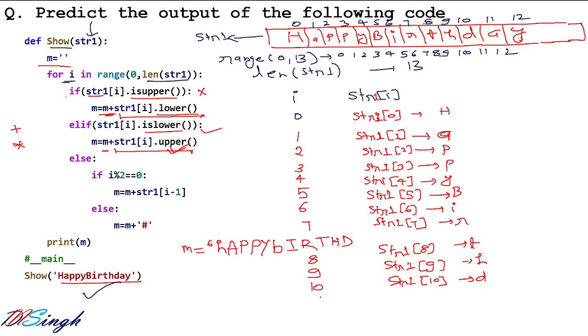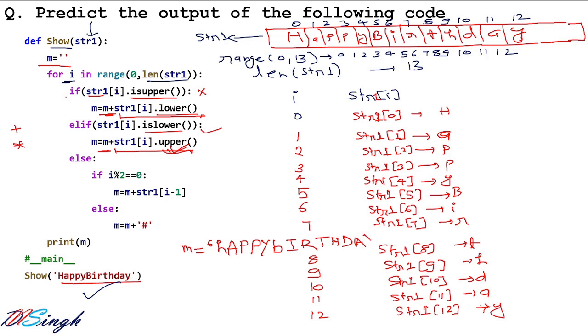Next, y. A and y, 11, so str1 of 11, and there you have small a, that will be converted into capital A and added. These all are matching the elif part. And 12, so str1 of 12. Here you have y, that will be converted into uppercase first and then added into m.